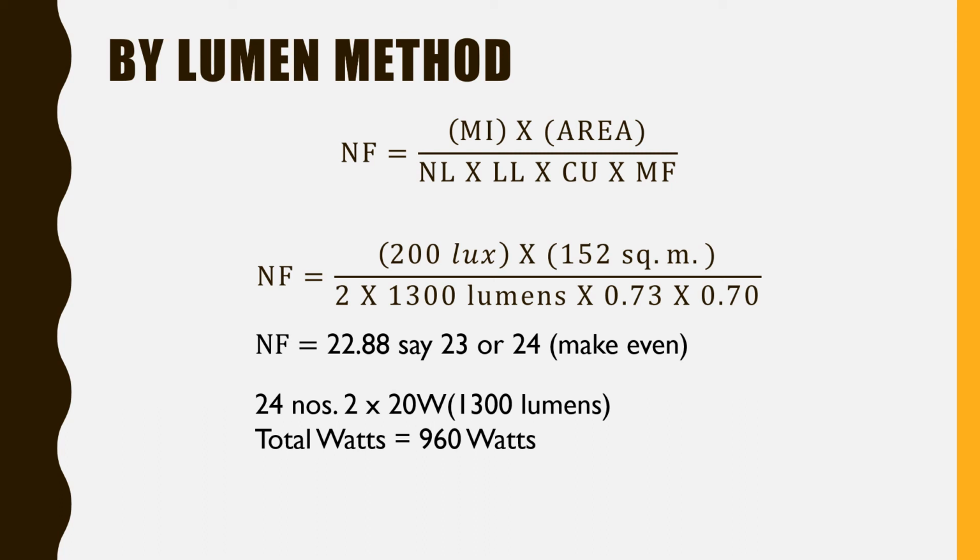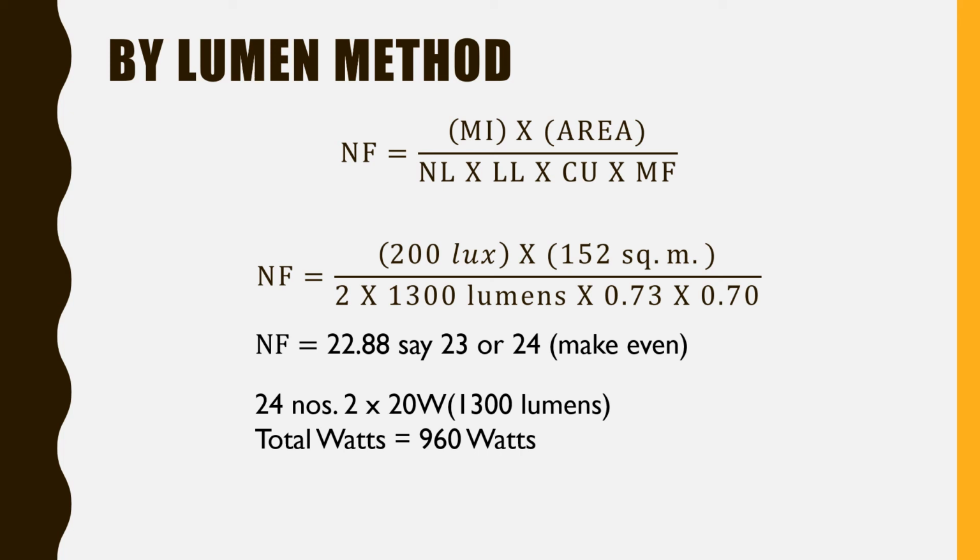And this number of fixtures will give you the area maintained illumination of 200 lux, because it is applied in this formula. So we are sure that for this task, which is a living room, it will exactly give, or better, 200 lux.